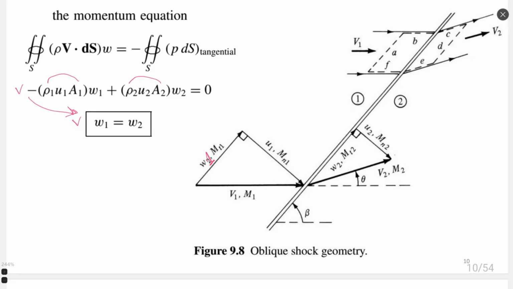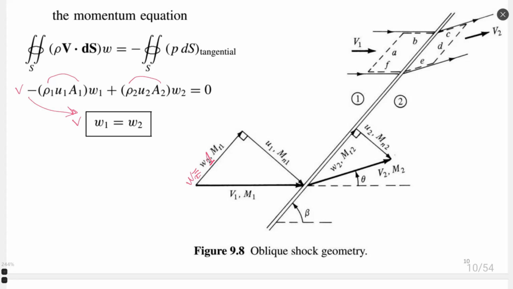But it should be W1 because we split our velocity before the shock wave. And according to this momentum equation, we see that W1 is identical to W2 in its value and direction. And it's not a problem to write W2 here also on the left part of our schematic.